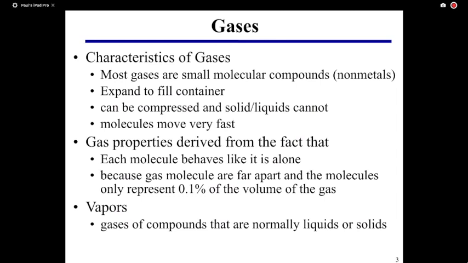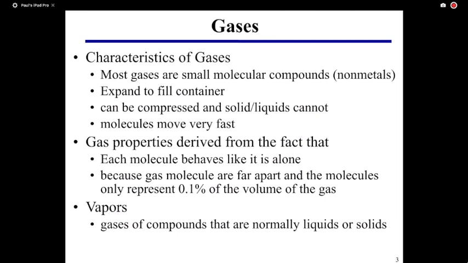We'll actually determine how fast they move. Each molecule behaves like it's all by itself, so every individual molecule is not influenced by the other molecules in the sample. And because gases are so far apart, the volume of the molecules only represents a very small fraction, less than 0.1% of the total volume, and this is important for how they behave.